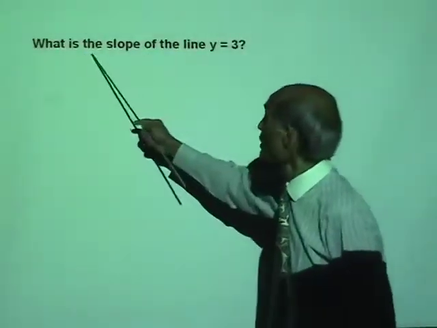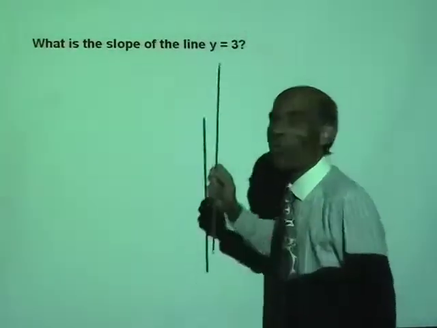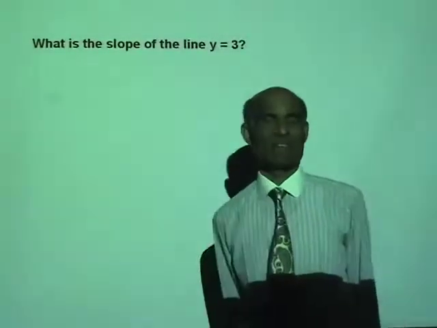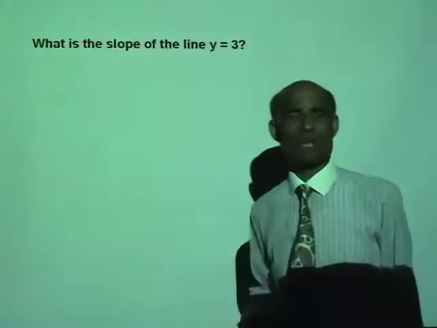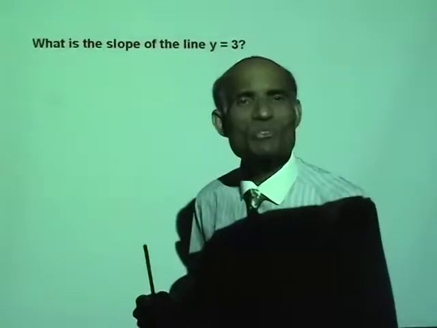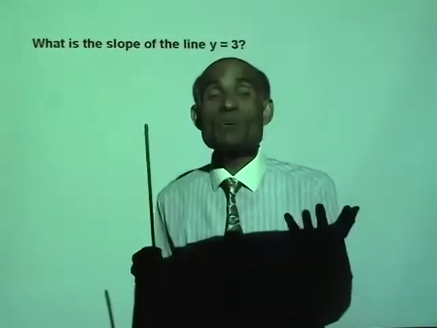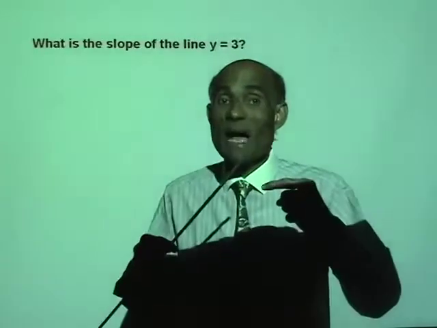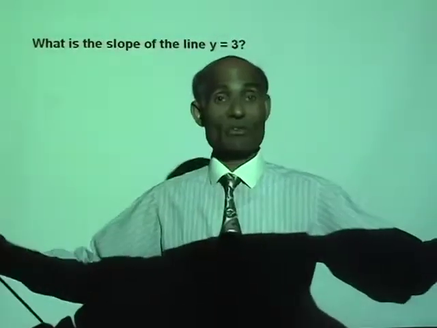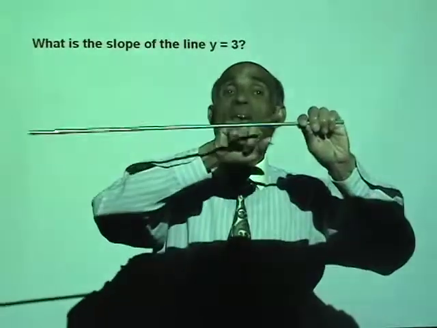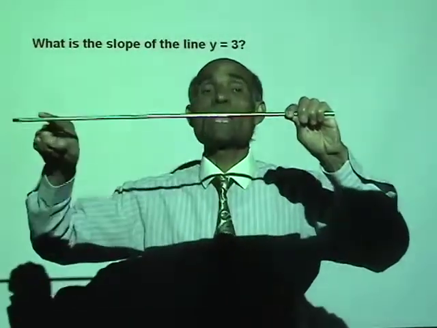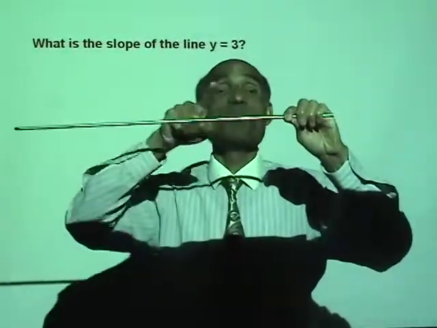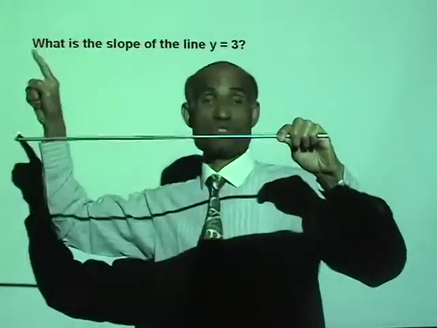Now tell me, what is the slope of the line y equal to 3? What does y equal to 3 mean? Y equal to 3 means no matter what happens to x, the value of y will be always 3. It means y will not change.